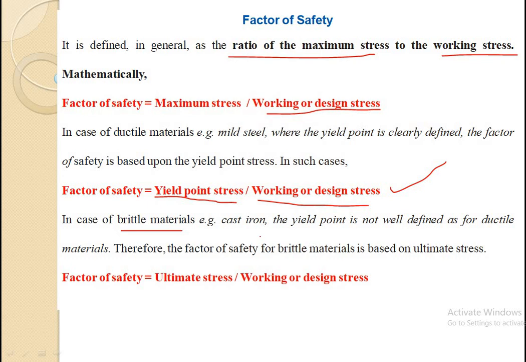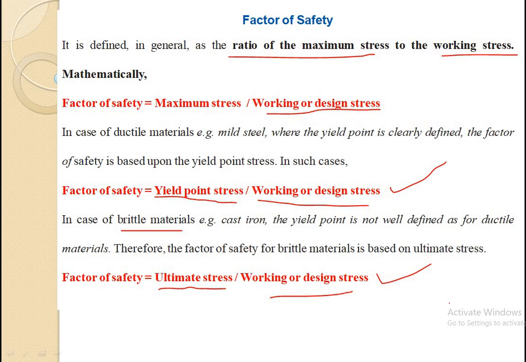So that value is the ultimate stress in case of brittle materials. That is the value of stress where the material is going to break. That is the breaking stress, the ultimate stress. So this is the maximum stress in case of brittle materials. In case of brittle materials, the factor of safety is defined as the ultimate stress to the working or design stress.